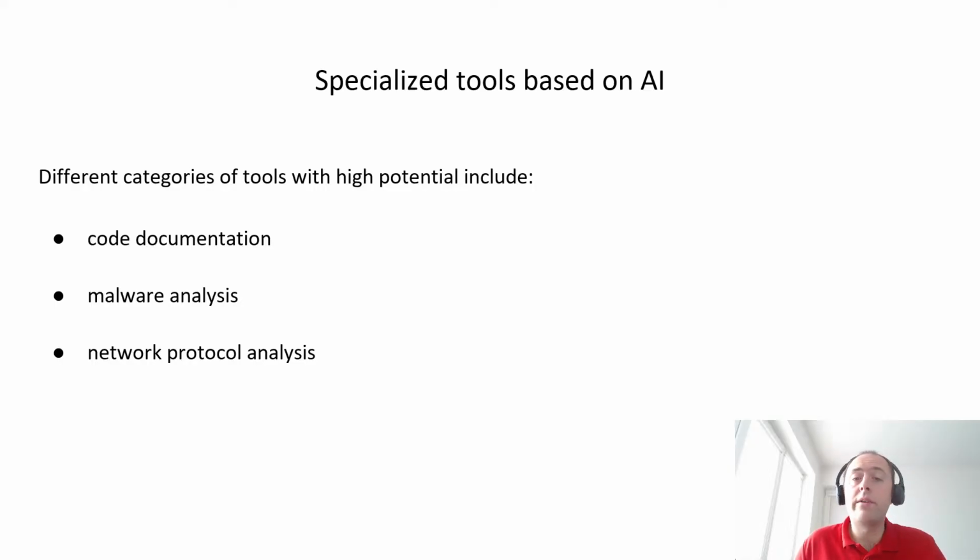Different tools for malware analysis, and this is really an area of active research right now that helps malware analysts to reduce the time required to perform the necessary analysis. And another interesting area is the area of network protocol analysis. So there are different kinds of tools that emerge that try to analyze custom network protocols for potential issues, whether those are vulnerability issues or other kinds of network-specific protocol issues.